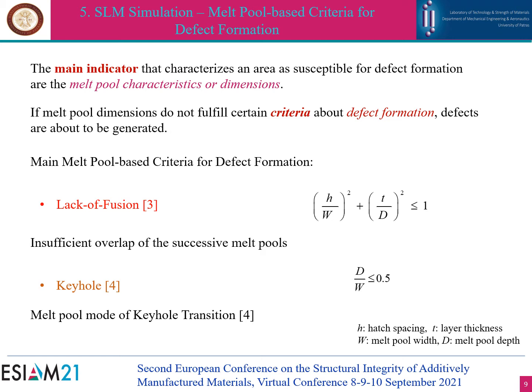Lack of fusion criterion accounts for insufficient overlap of the successive melt pools, and keyhole criterion accounts for the melt pool mode of keyhole transition. As can be seen, both of these criteria need some of the process parameters and the melt pool dimension.